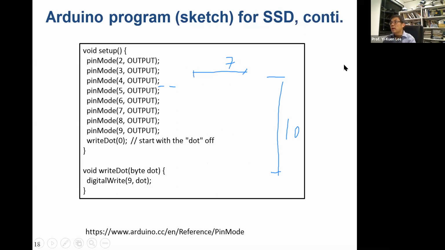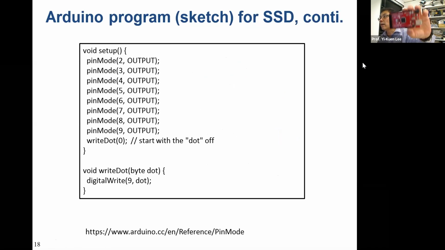And then, of course, we set this up. Basically, we define the LED, the Arduino output. Arduino has digital outputs, and we make sure that pins 2, 3, 4, 5, 6, 7, 8, 9 are set to output.